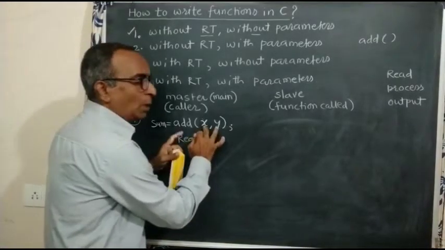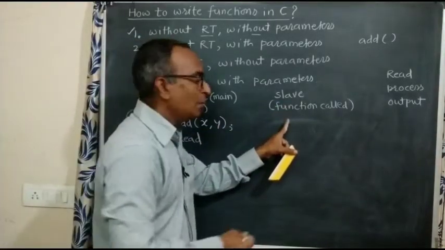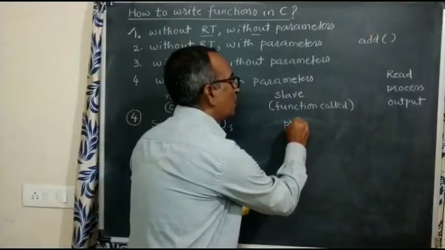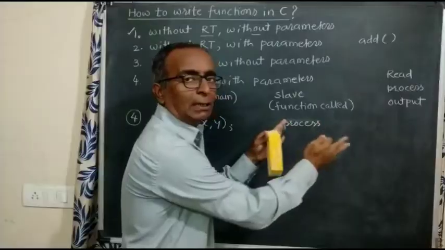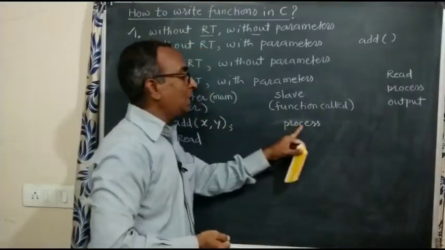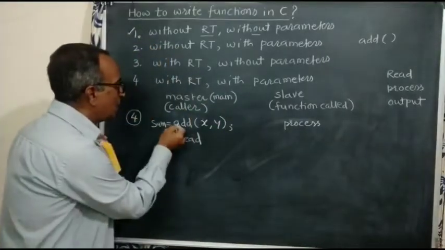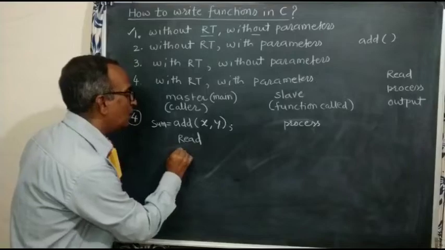Then x, y, whatever two numbers I am sending, this slave or function will process. Process means it will add the two numbers and return the value. That returned value will be in sum. Now who will give output or use that number?